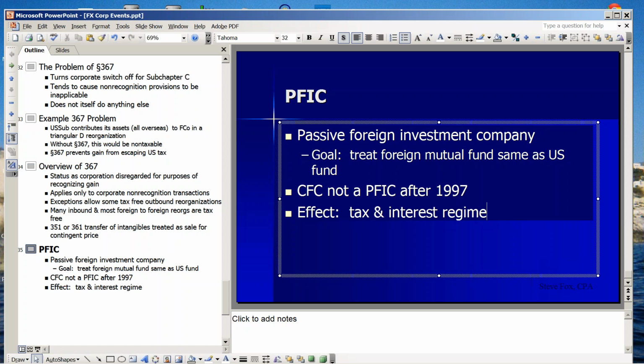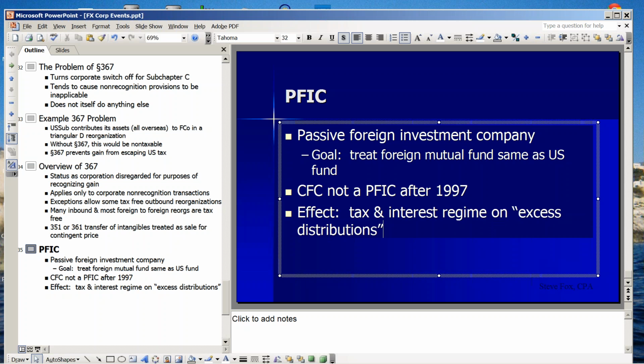Well, if you get an excess distribution from a PFIC, then you are treated as if that distribution was additional income over your entire period of ownership on a daily pro rata basis.